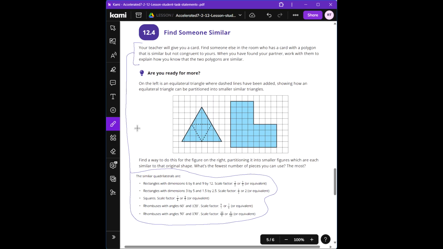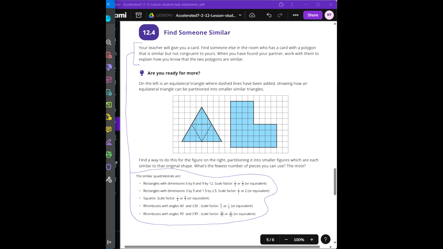For the next one, it says on the left is an equilateral triangle where dashed lines have been added, showing how an equilateral triangle can be partitioned into smaller, similar triangles. Find a way to do this for the figure on the right, partitioning it into smaller figures which are each similar to that original shape. What's the fewest number of pieces that you can use?